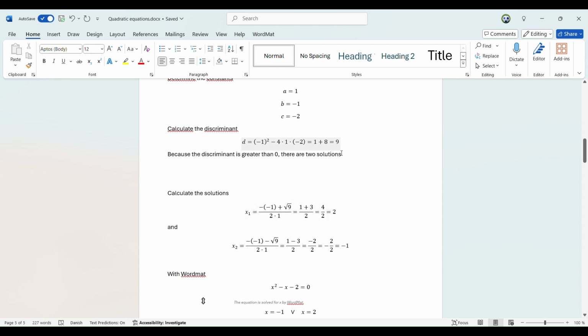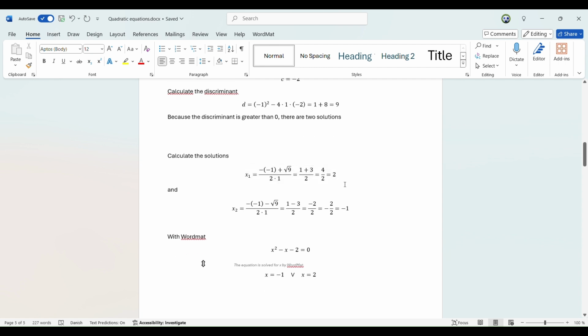We put in 9 instead of d in our formula, and we say 2 times a, and a is 1. Minus minus, if we've got two minus signs, it's the same as a plus, so it's a 1 over here. The square root of 9 is 3, and 2 times 1 is 2. So we've got 1 plus 3, that's 4 over 2, and 4 divided by 2 equals 2. So that's the one solution.